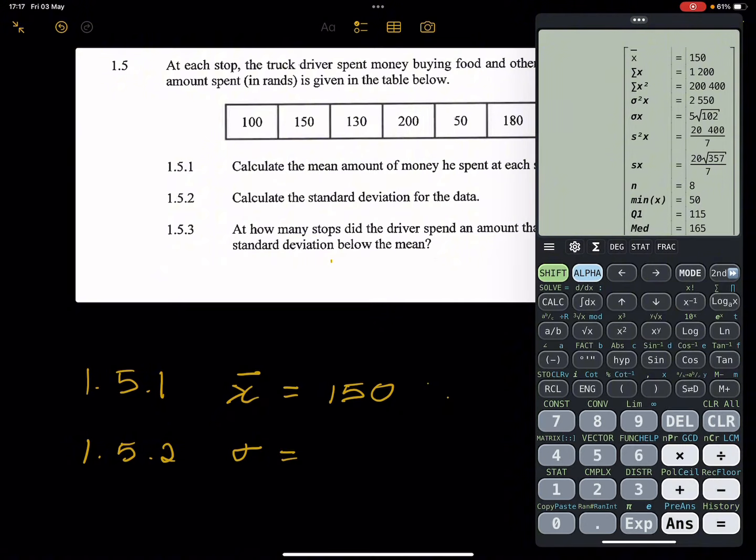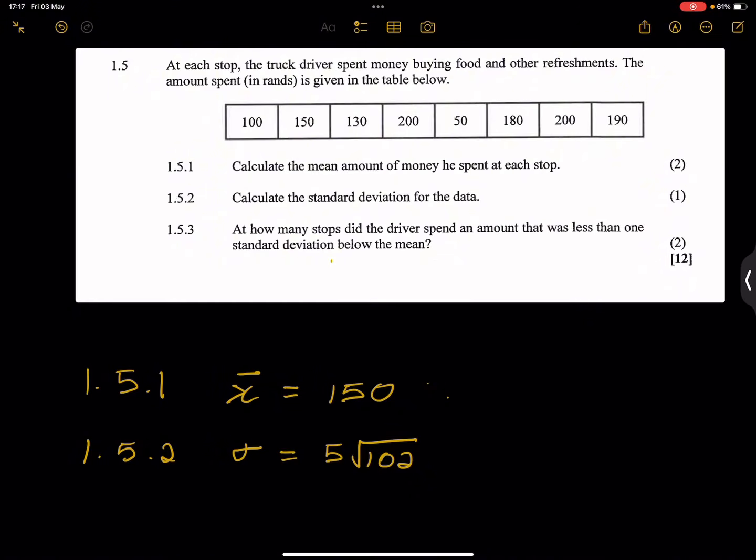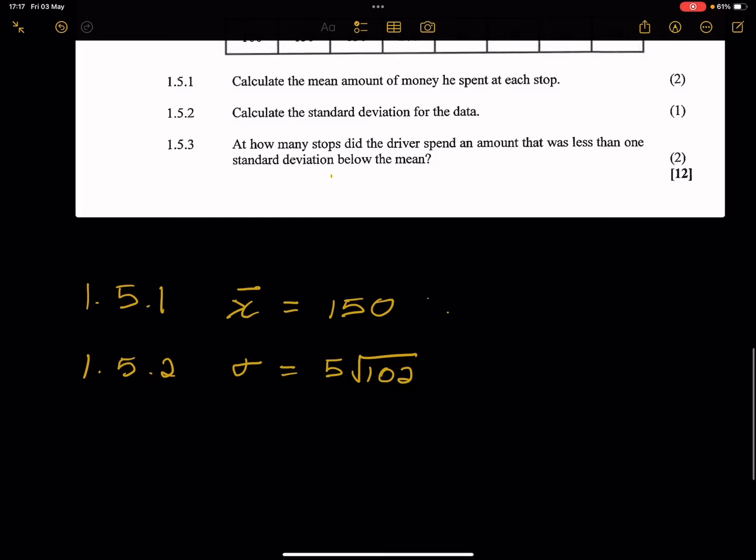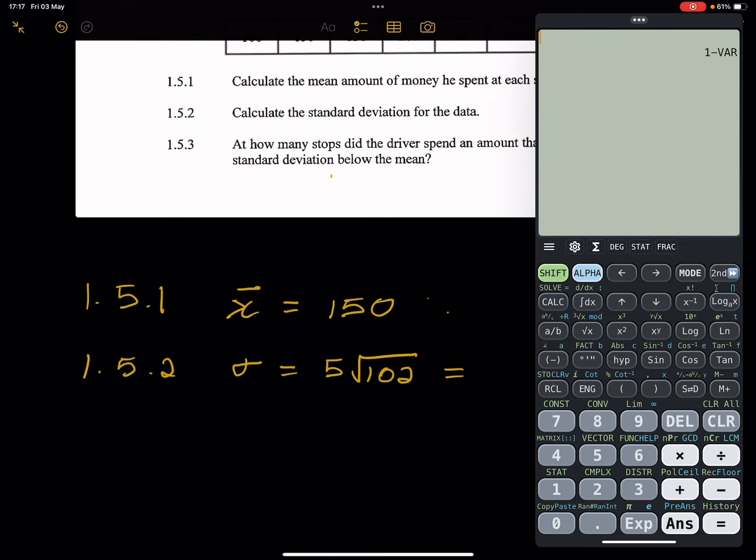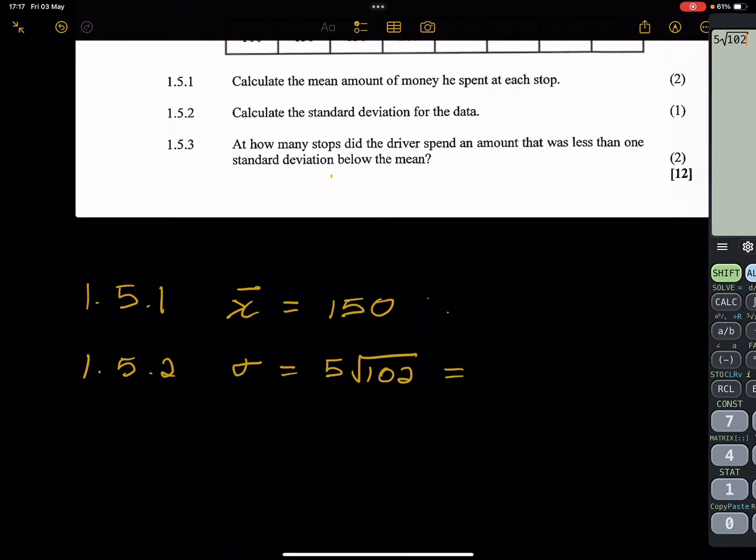We can express that as a decimal, 5 the square root of 102. Let's try and calculate that. What's 5 root of 102? That's about 50.5, shall we say?